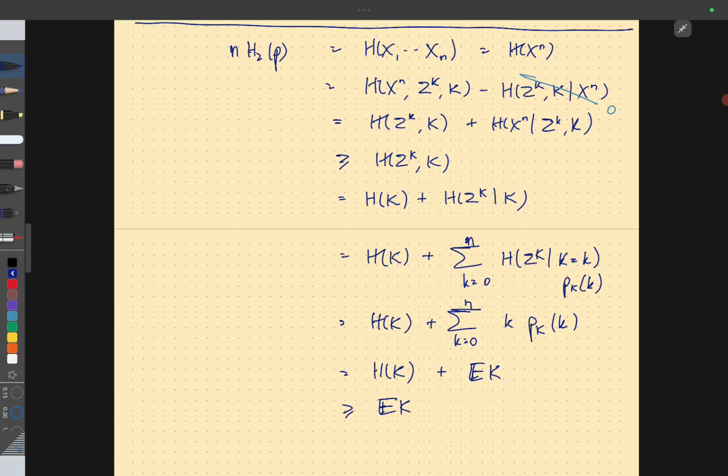But then you said k from 0 to n, which means you can't generate more than n. Yeah. Do you think it's possible? Okay, it doesn't really matter. You can allow k to go all the way up to infinity if you want. It doesn't change anything, because in the end, all I have is expectation of k.